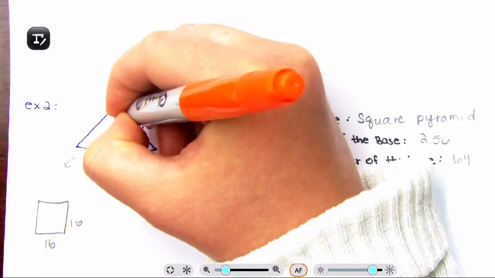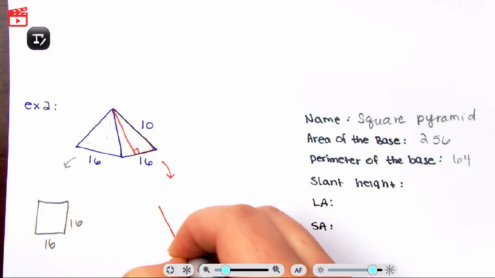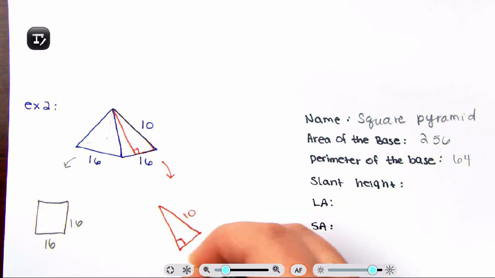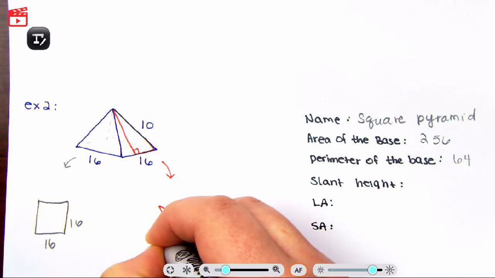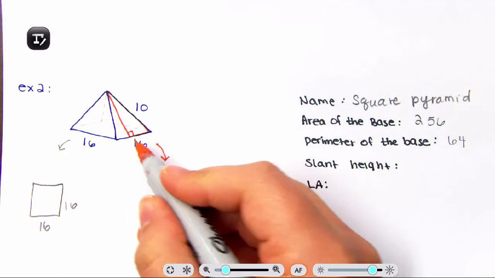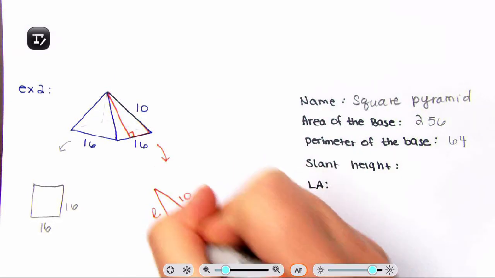And then we have a 10. So let me show you what we actually have. This is what we actually have. And because it meets at the middle, we're going to take 16 and divide it by 2, and we have 8.